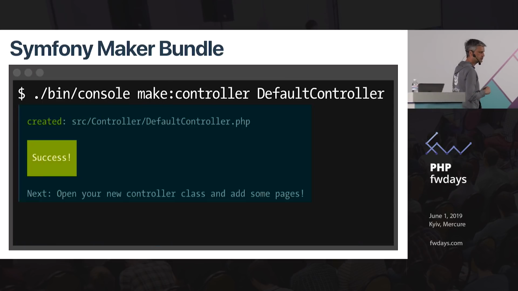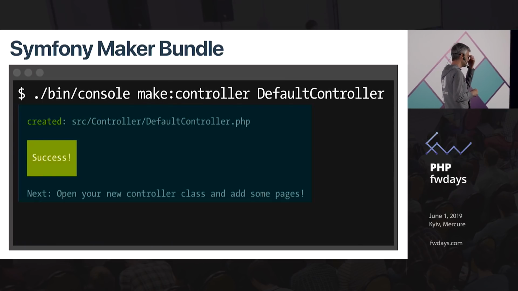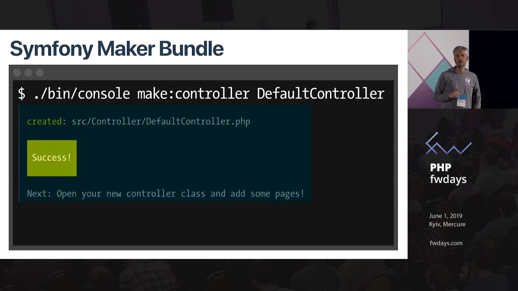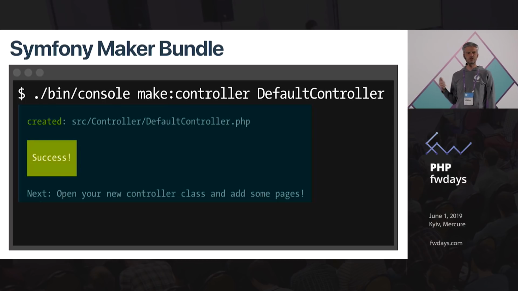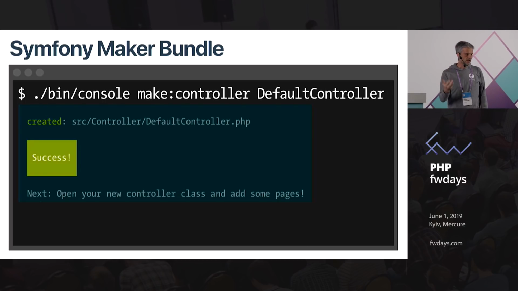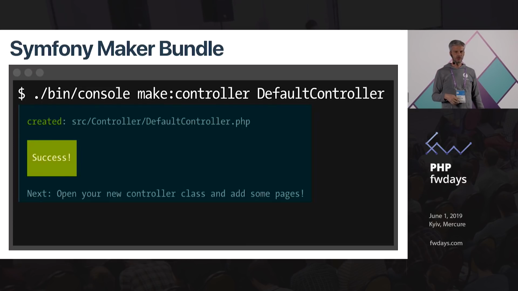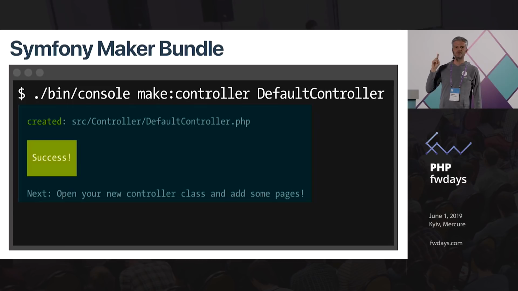So here we're going to create a default controller. And I'm not sure if you have ever used a bundle for Symfony 2 and Symfony 3. It was named Symfony, I don't remember, to create things. Anyway, it was kind of complex because we had to create files and configuration. Here, when you say make controller, default controller, as you can see, we only generate one file.